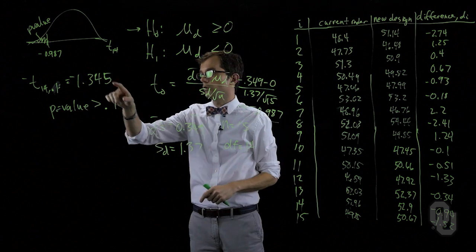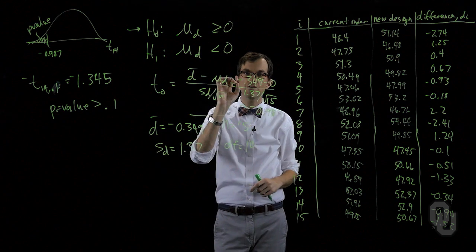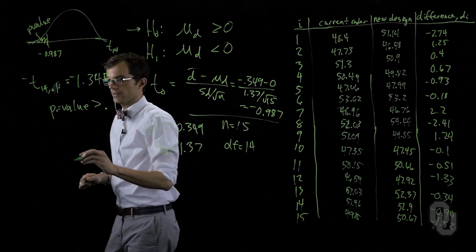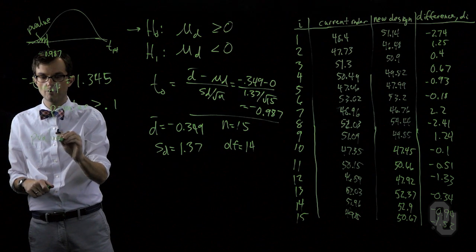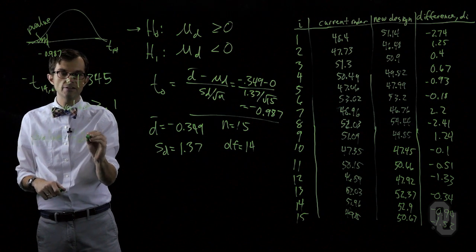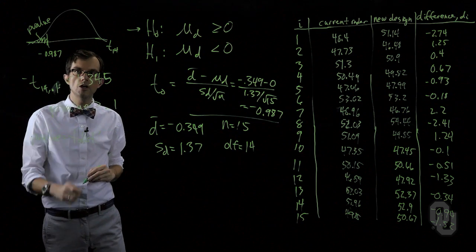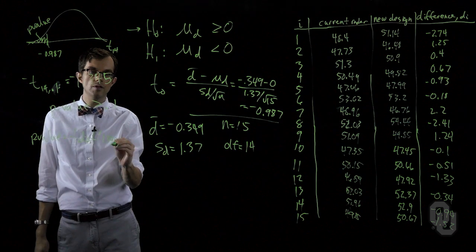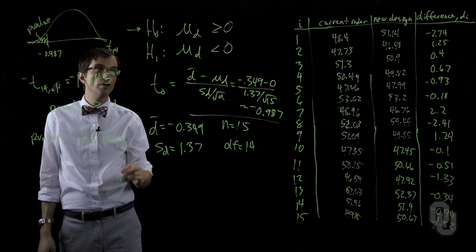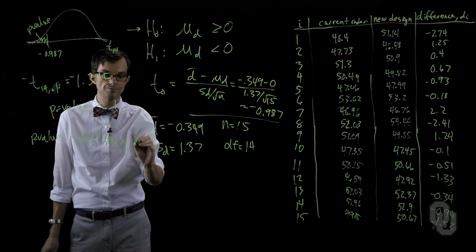We could also look this up, get a little more specific value using Excel, using the T.DIST function. So the p-value, if we want to use Excel, would be the T.DIST function. We've got our value, negative 0.987, 14 degrees of freedom, and this is a one-tailed test.